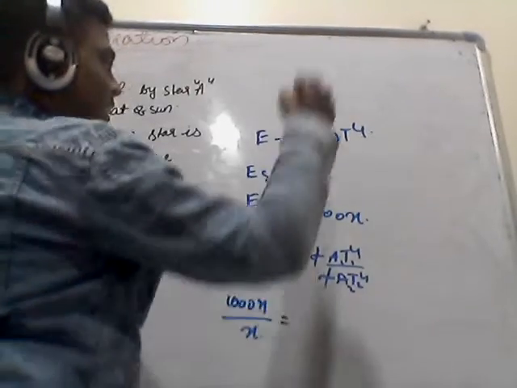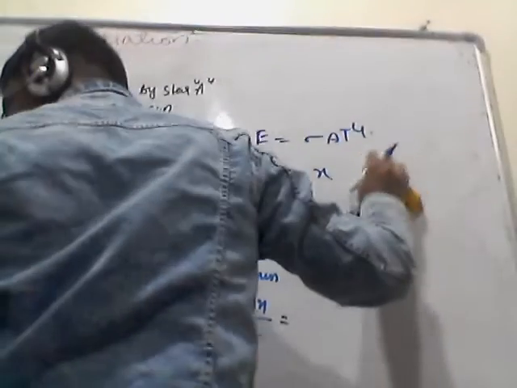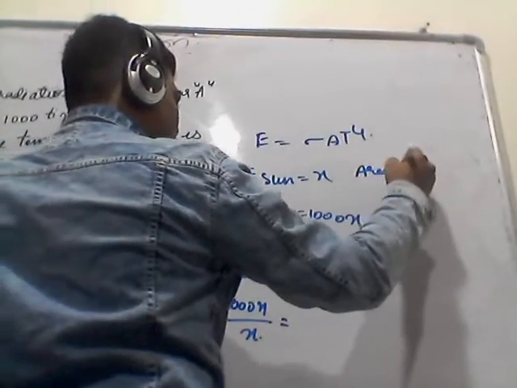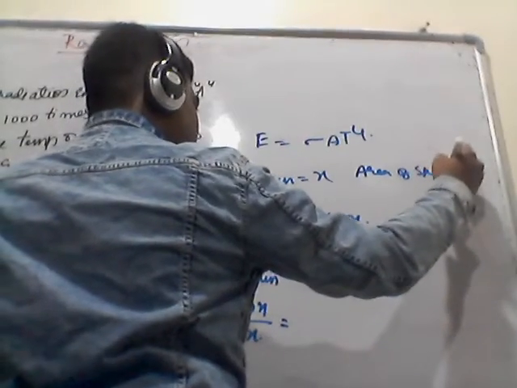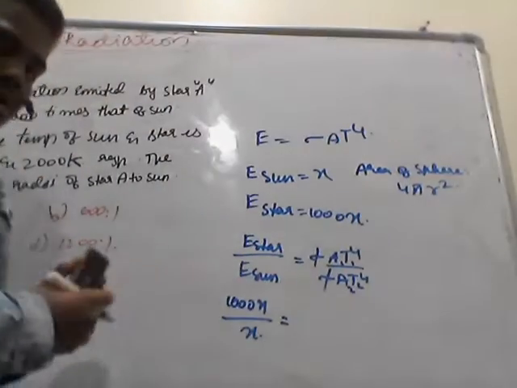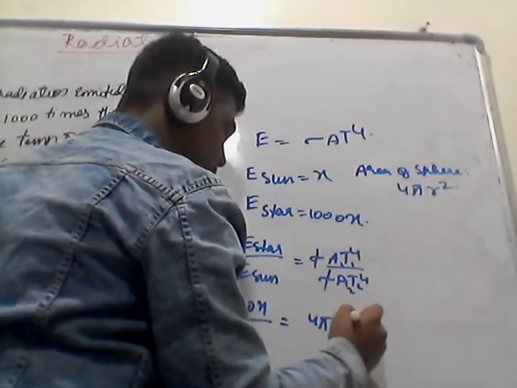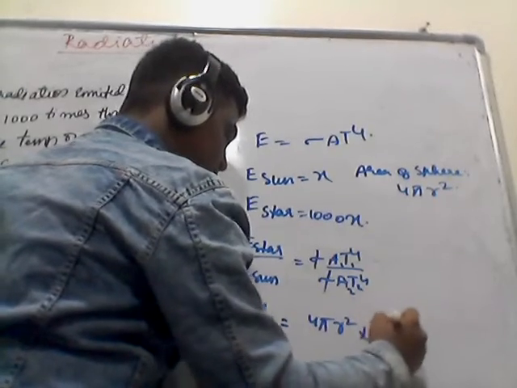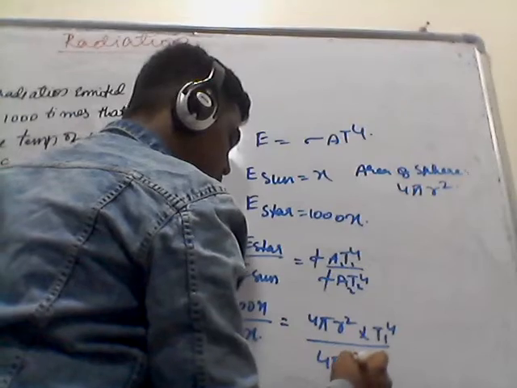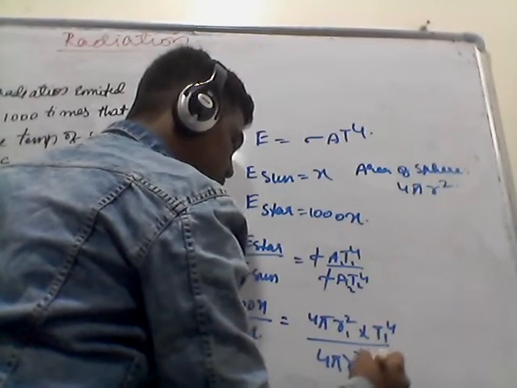Next, they said sphere, so the area of a sphere is 4 pi r square. In the place of area I am writing 4 pi r square, temperature power 4, 4 pi r square r2, better say T2 power 4.